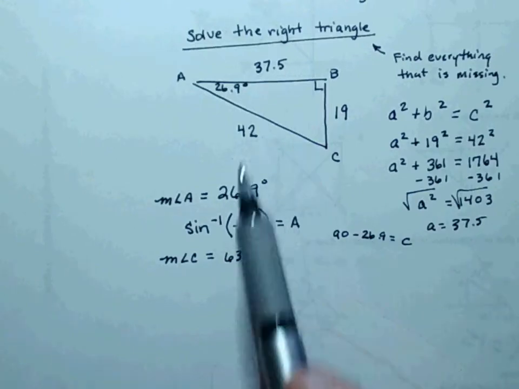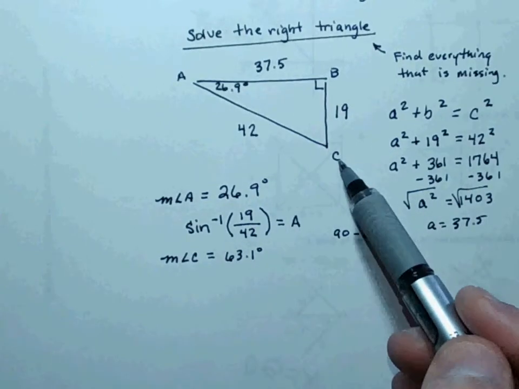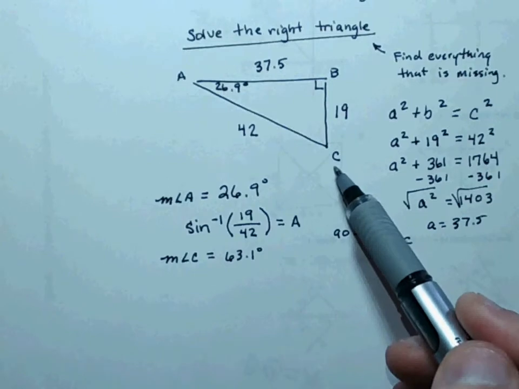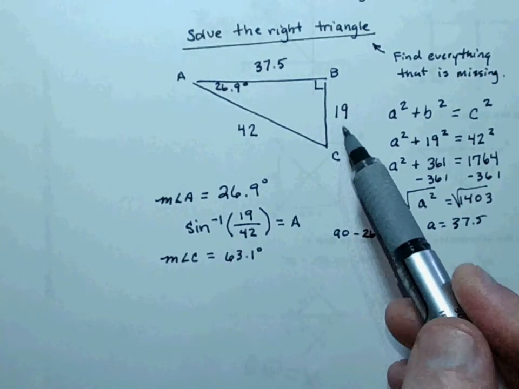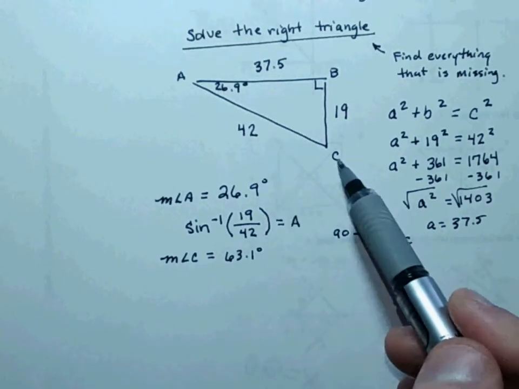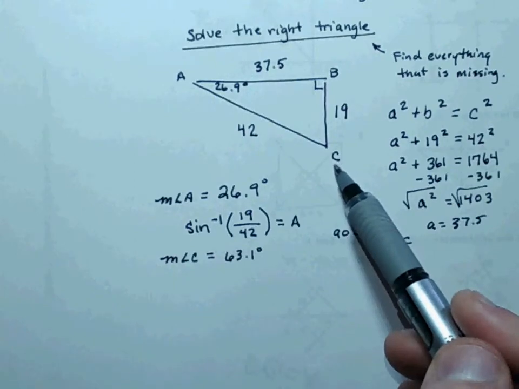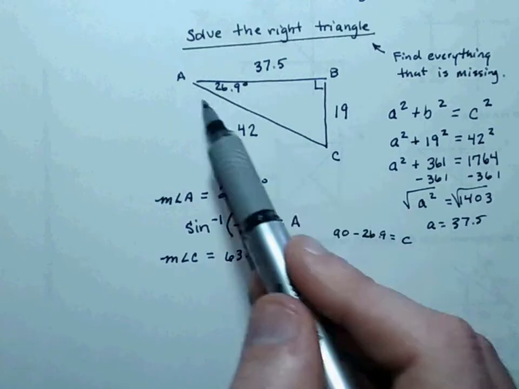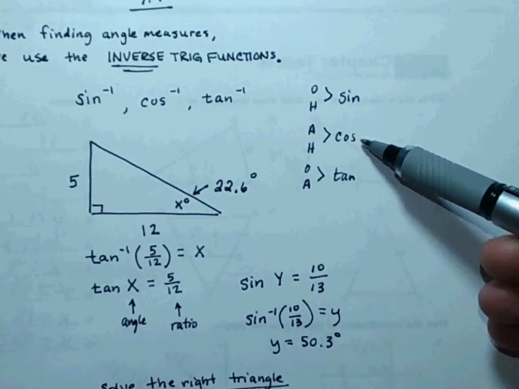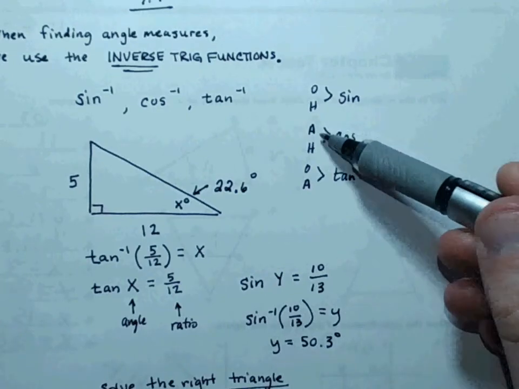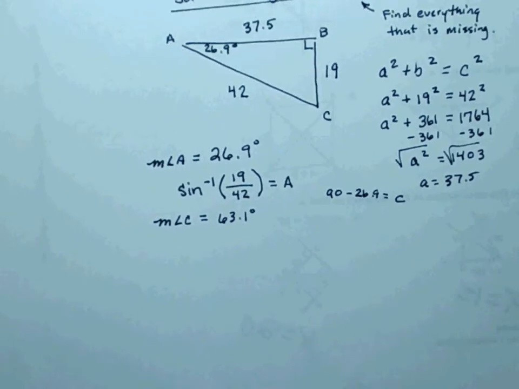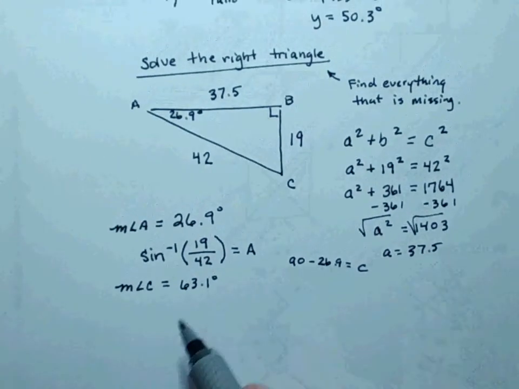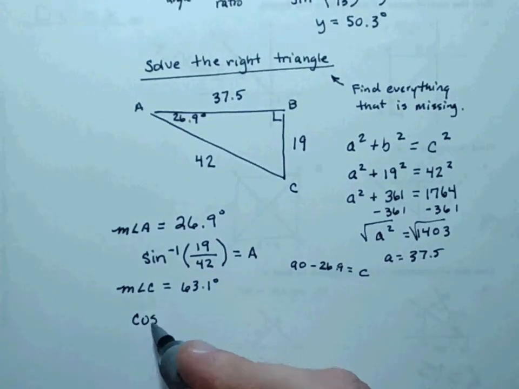Now let's say we didn't think about doing that, and we said, alright, I'm going to look at C, and I'm going to use one of my trig functions. So let's look at 19 and 42. From angle C, 19 is the adjacent side, 42 is the hypotenuse. So I'm going to use cosine, because cosine is adjacent over hypotenuse. Since we're finding the angle measure, we're going to use the inverse.